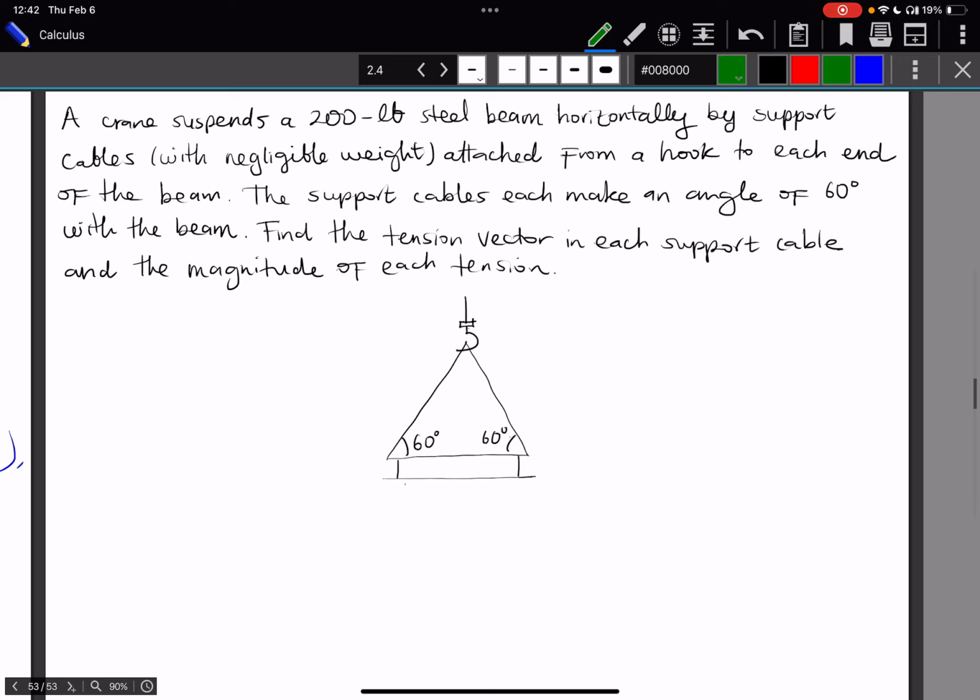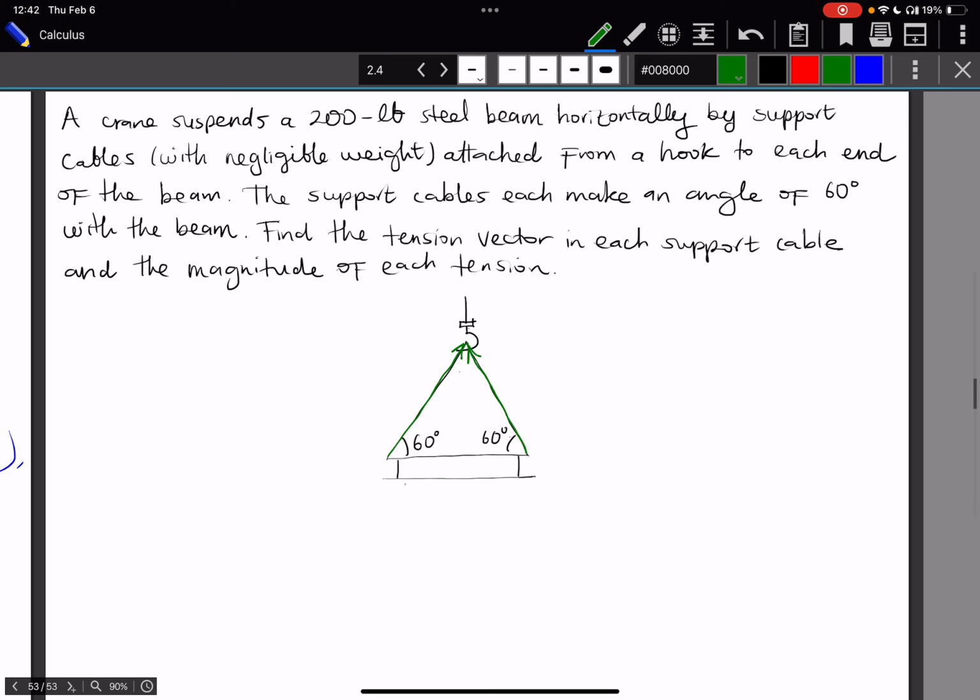So this beam is suspended by support cables. We have the support cables right here. And there's a tension vector in each support cable. Because here we have this vector trying to keep the beam from falling, and the same with the vector right here.